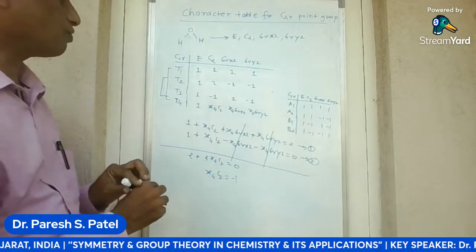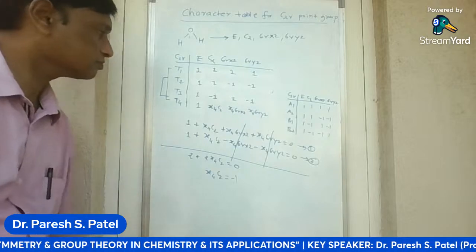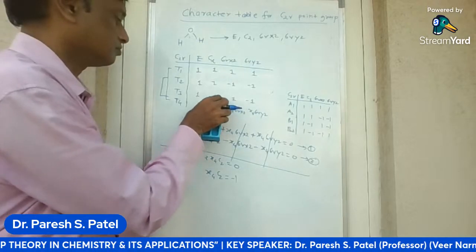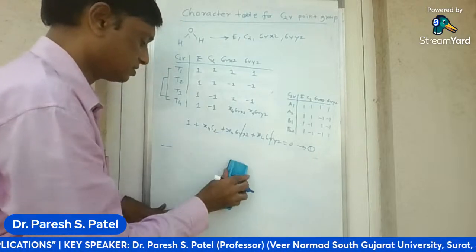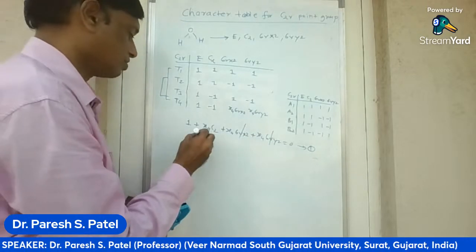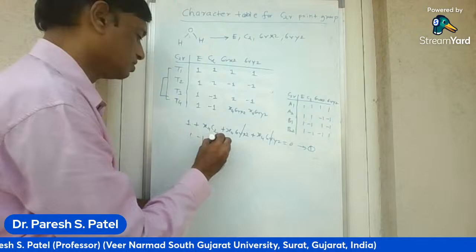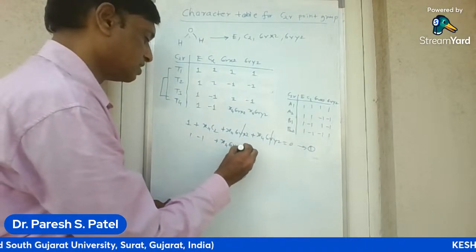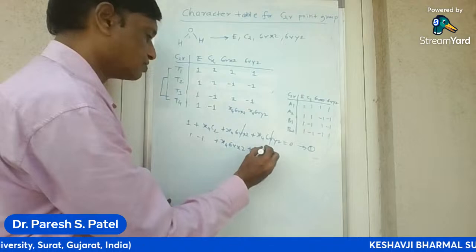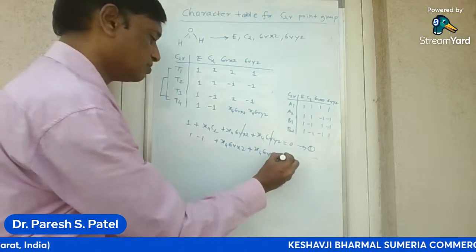So the value is minus 1. Now substitute this value in the above equation. 1 minus 1 character 4 sigma v xz plus character 4 sigma v yz is equal to 0.